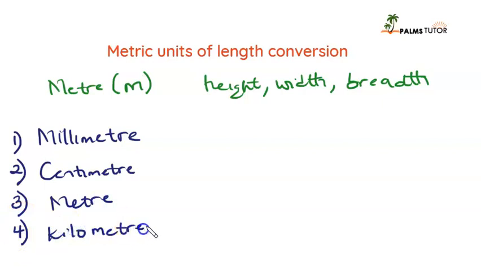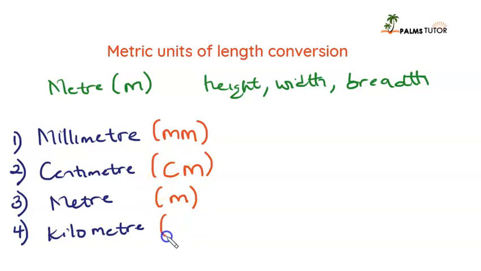Millimeter is usually written as mm, centimeter is cm, C for centi, meter is m, and kilometer is km.